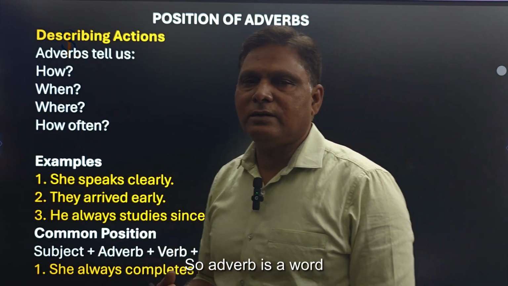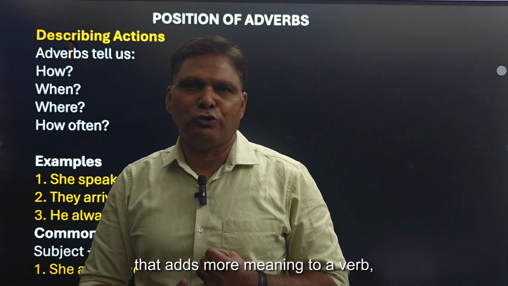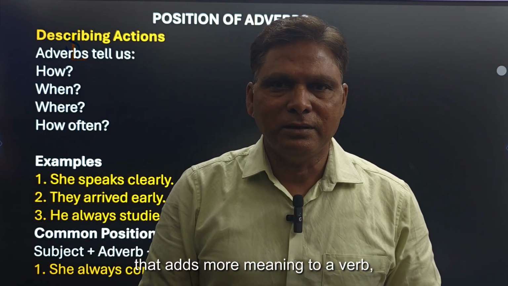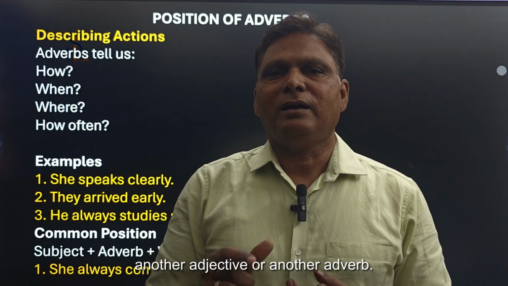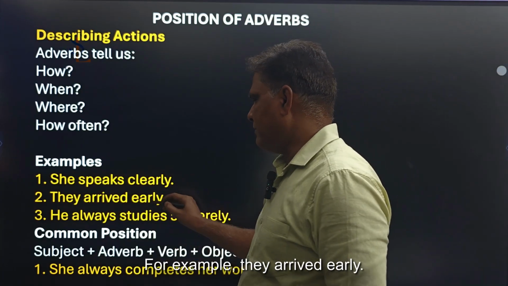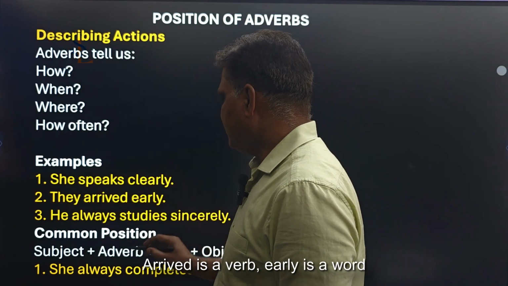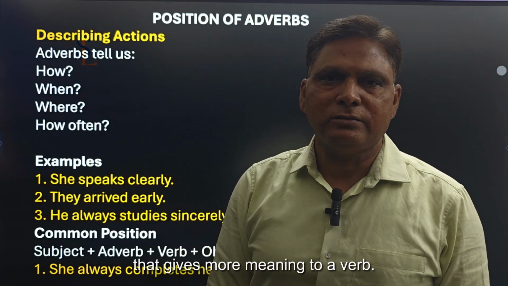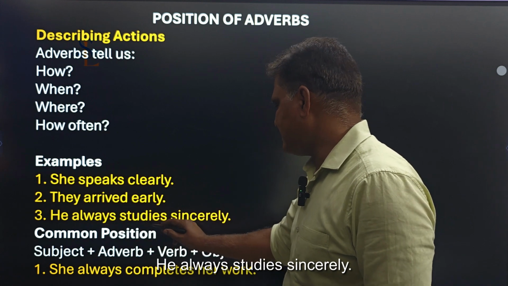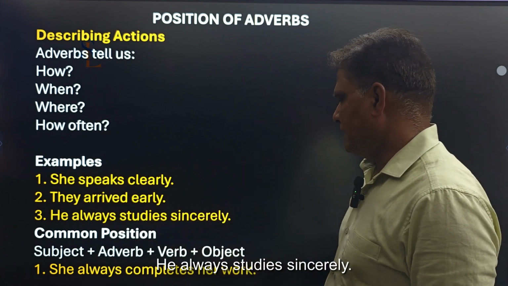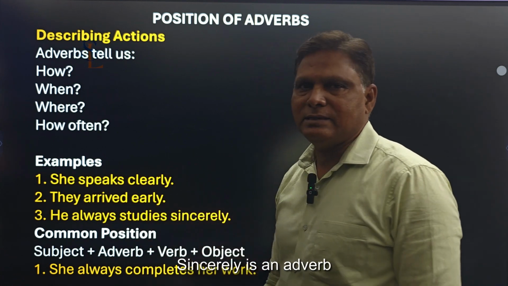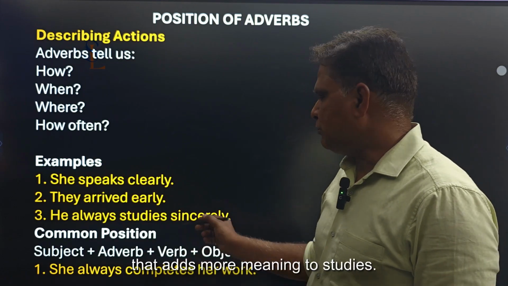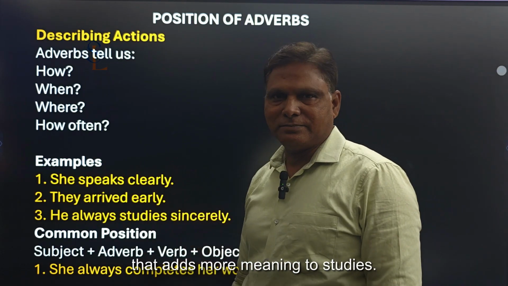So, adverb is a word that adds more meaning to a verb, another adjective, or another adverb. For example, they arrived early. Arrived is a verb. Early is a word that gives more meaning to a verb. He always studies sincerely. Sincerely is an adverb that adds more meaning to studies.